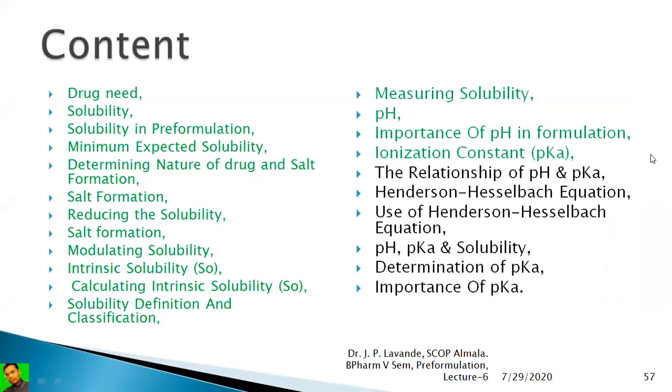So what we saw is the ionization constant, and there is a relationship between the pH and the pKa. These are interrelated, one affects the other, and ultimately the ionized and unionized forms of the drug, and at last it will affect the solubility and the absorption of a drug.